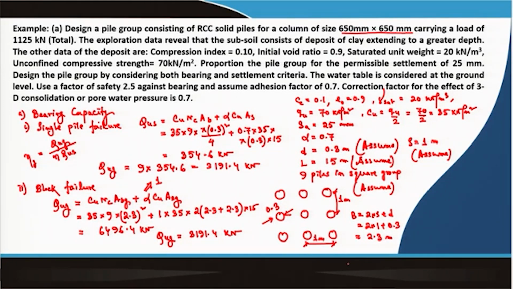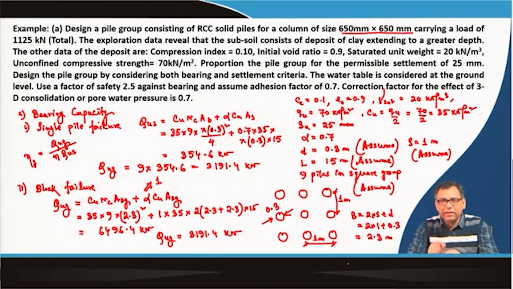When there is a group pile failure, suppose this block failure gives a lower load carrying capacity compared to the single pile failure, in that case you can use this expression and put in the values, and you will get an efficiency less than 1. That will be the efficiency of your pile group.